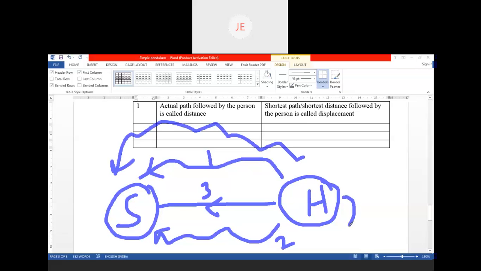And if you take like this also, it can be called a distance. But if there is a specific path, a straight line path and shortest path, direct from home to school, there is only one path, that is this third path, and this third path we call displacement. All the other paths followed by the person we call distances.